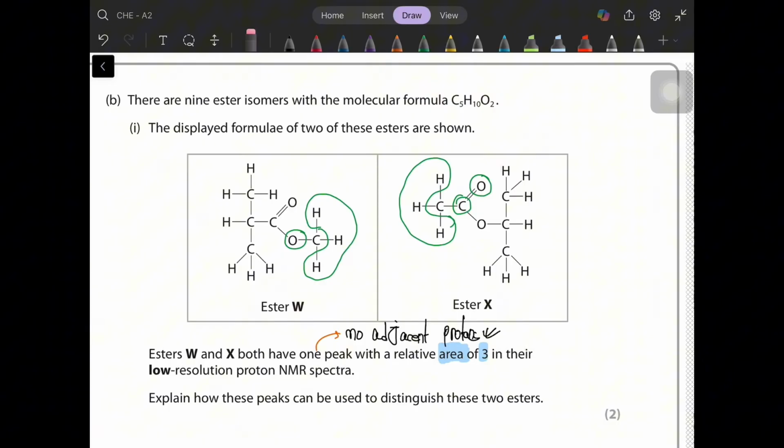So here the carbon is joined to an oxygen directly, and here this proton is joined to a carbon, which in turn is joined to another carbon, which is then joined to an oxygen with a double bond. So that is going to be the difference between these two.